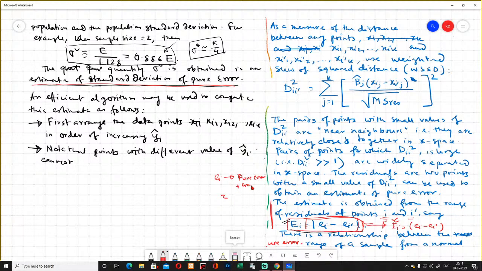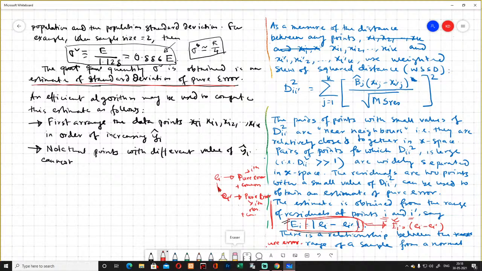And EI dash has a pure error for the I dashth observation plus a common thing.